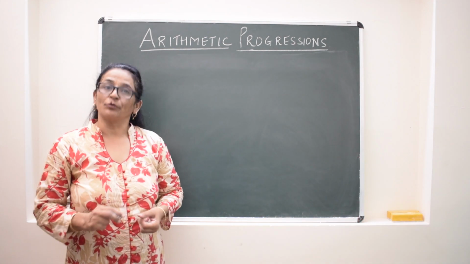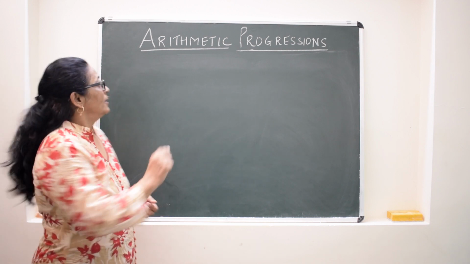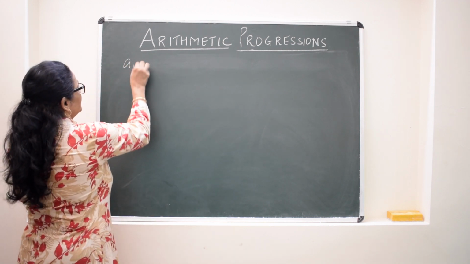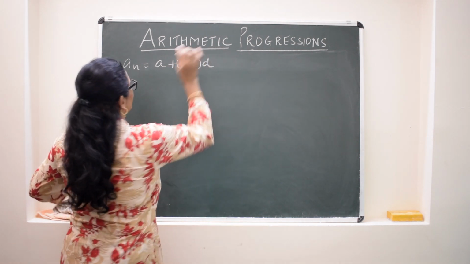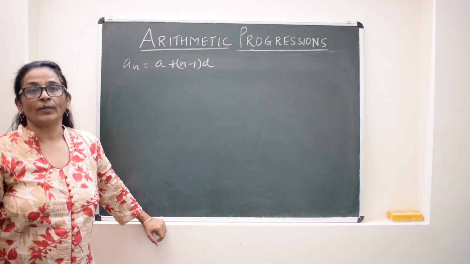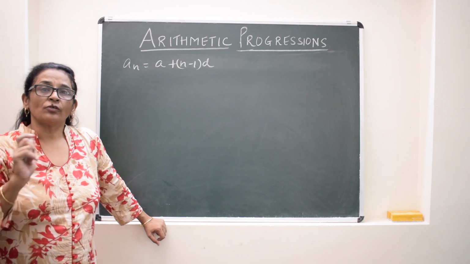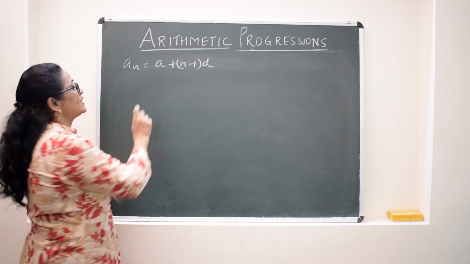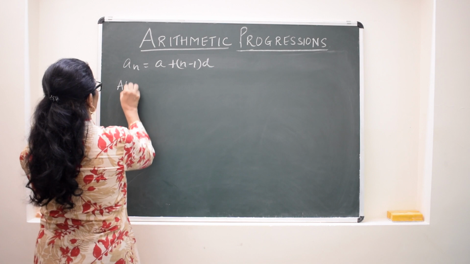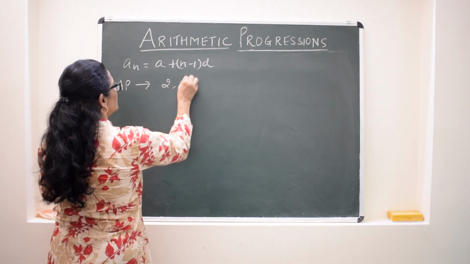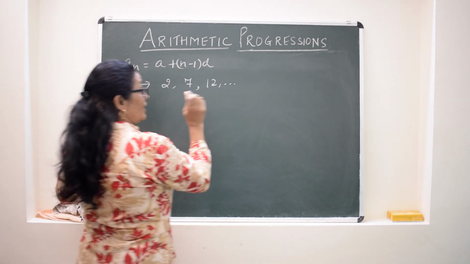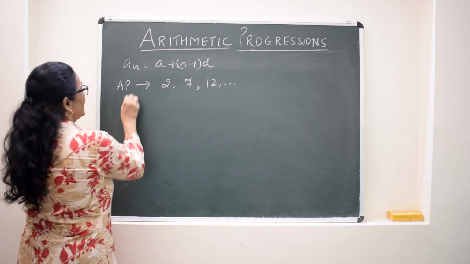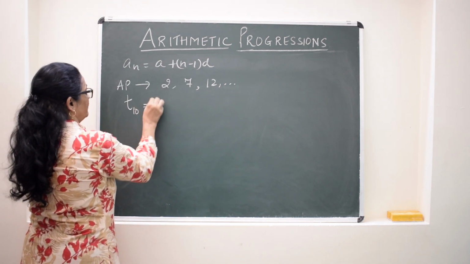Now we will discuss some questions based on the nth term formula, that is an is equal to a plus (n minus 1) into d. So for example, if any AP is given, that is 2, 7, 12 and so on, and it is asked to find out the 10th term.